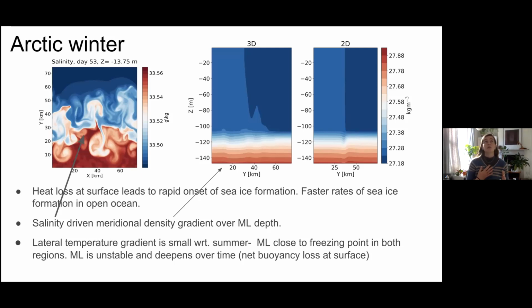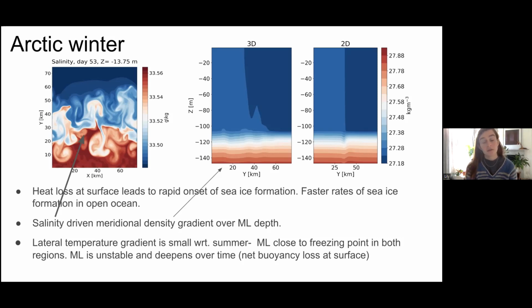So again, you start from horizontally uniform temperature and salinity in the mixed layer, and you have a deeper mixed layer depth than in the summer, of 100 meters in this simulation. And in this simulation, the ocean cools. So this leads to ice formation as opposed to ice melt.